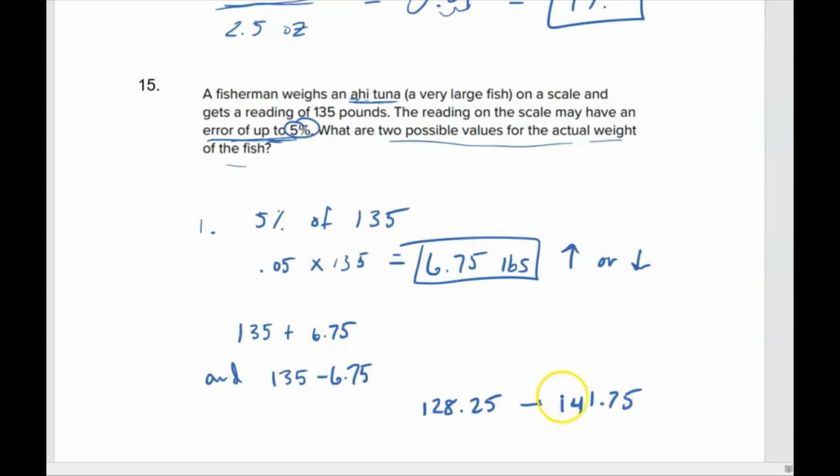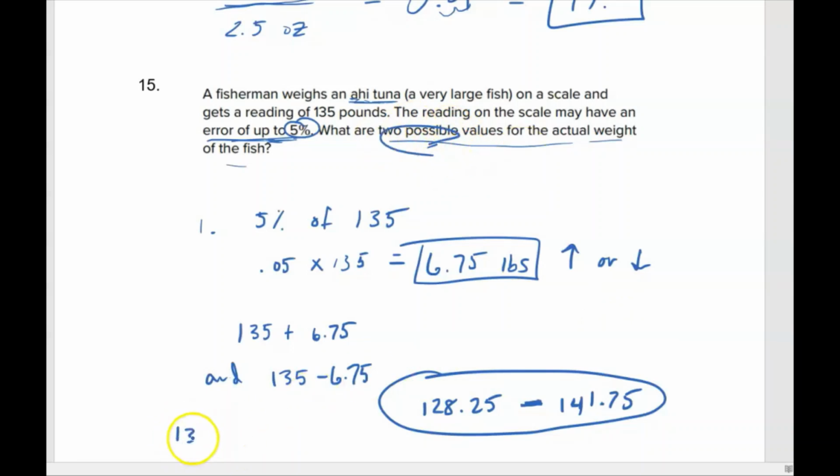So this range means I could have any answer between here and it'd be up to 5% error. Like it said two possible values, so it could be something like 130 pounds, or it could be something like 140 pounds. These two are in between this range of numbers.